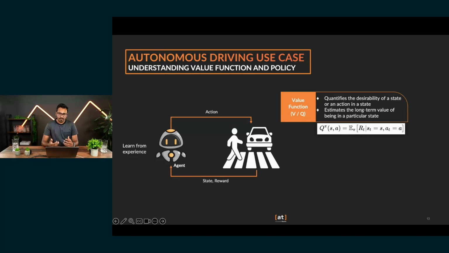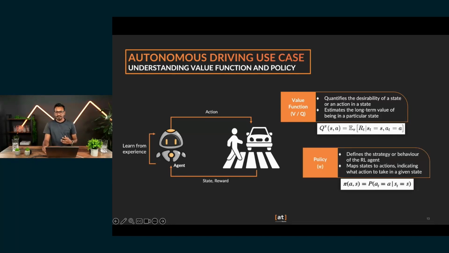The higher this value is, the better the action, or the more desirable this action is in a given state. Therefore, these values are called Q values or quality values, which help the agent realize whether an action is desirable or should be executed or not. Based on these Q values, the agent will try to form a policy, which is essentially a guiding strategy that governs the behavior of the agent in different situations.